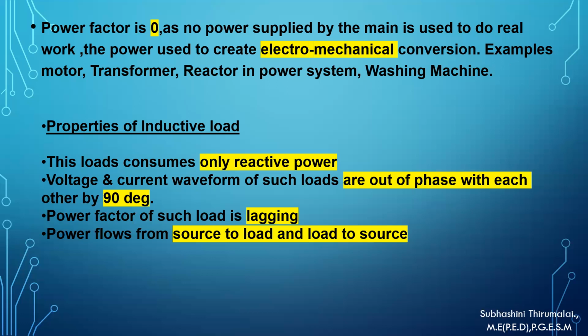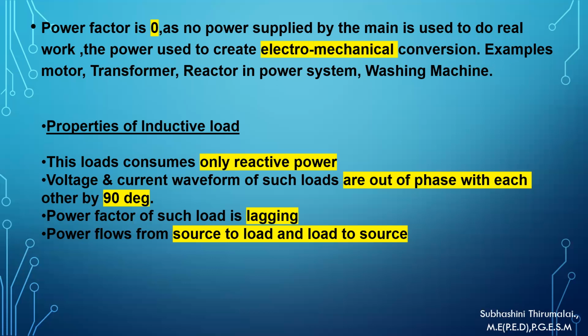Since your current is lagging, the power is also in the minus direction. That we also saw in the negative direction. Power flows from the source to the load as well as load to the source. And the power is used only for electromechanical conversion, not to do the real work. So whatever the work is fully completed, the total power which is required to do the work, that is our power factor. The next slide.